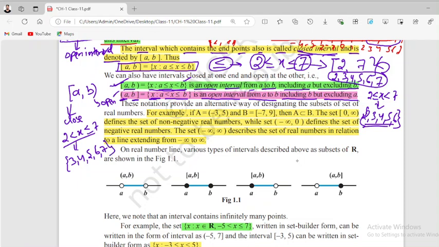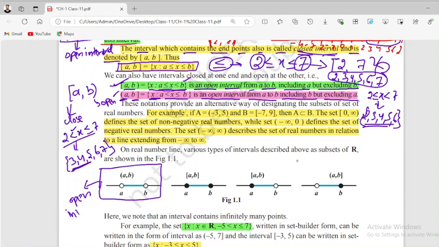We cannot include 2 here, we should start from 3, because this symbol shows an open end. For an open end, we cannot consider the given element in the set or in the representation of the interval. So basically this is a representation, and after that we can understand all these things with the help of examples. This diagram represents the open interval.